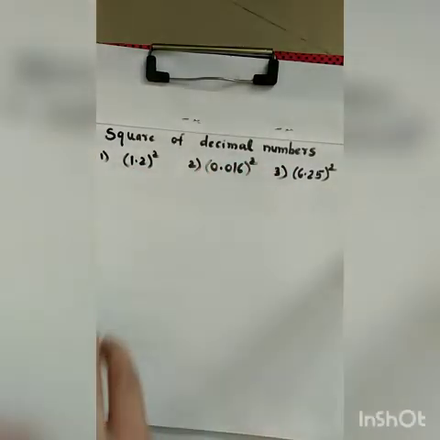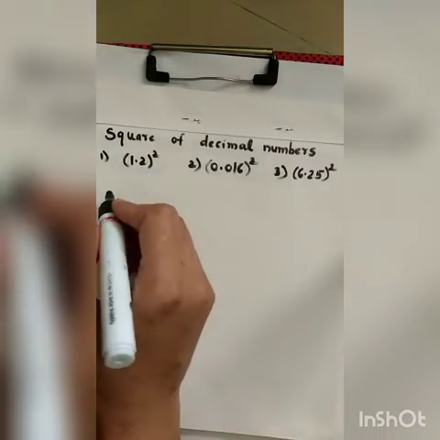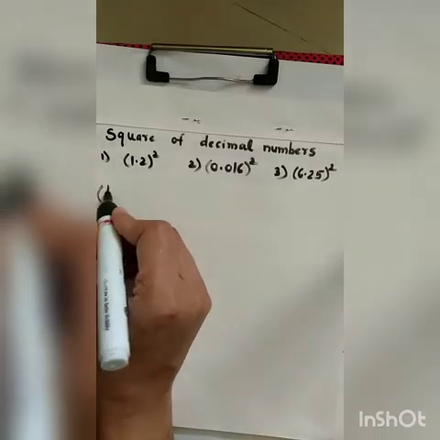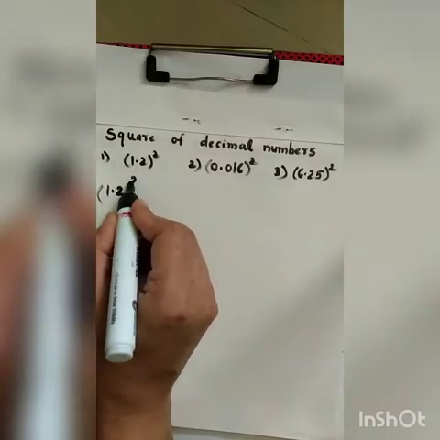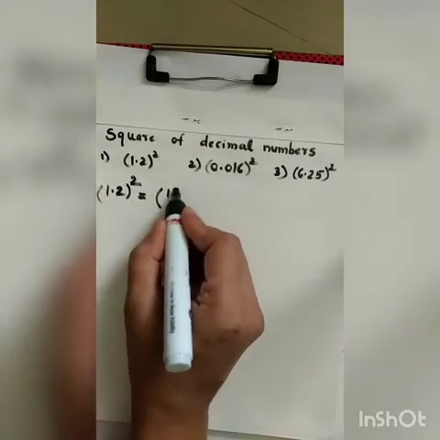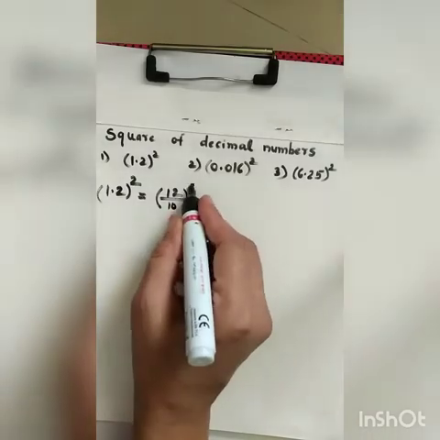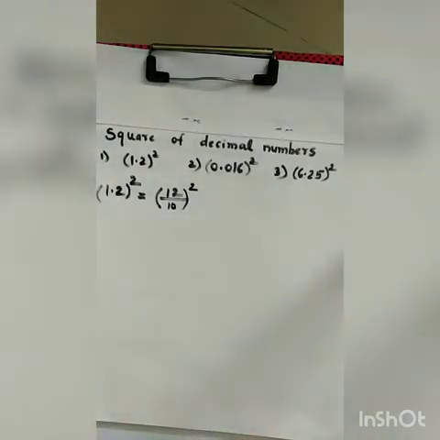Square of decimal numbers. How to find out the square of a decimal number? There are two ways. First, 1.2 can be written in fraction form, as you all know, as 12 by 10, squared.